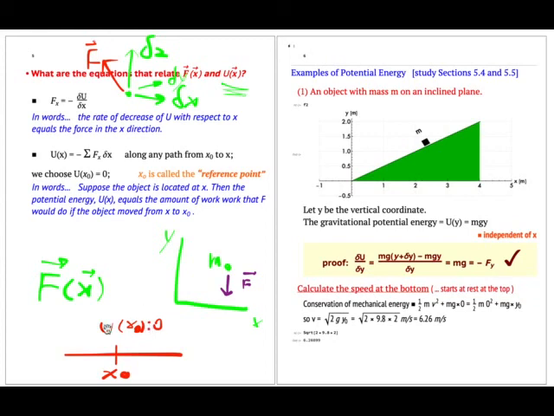You know, we pick some useful point and we say, let's take that point to be the point where potential energy is zero. Now suppose I want to know potential energy at some other point. Let's say this point. Call this point x. What is U at x?